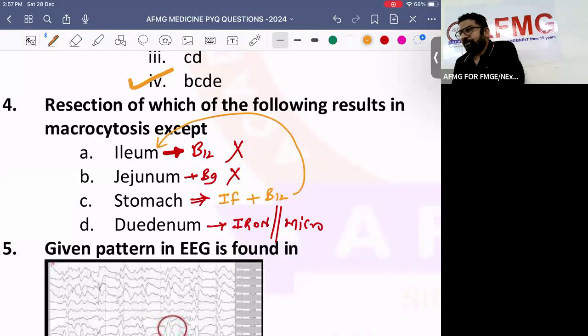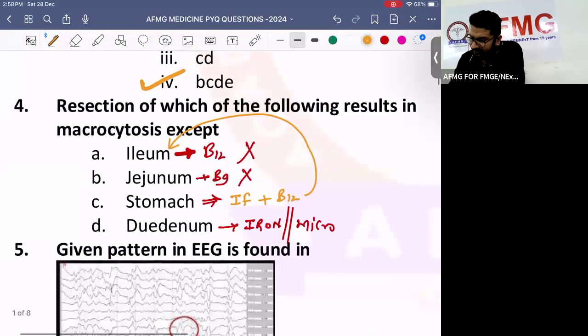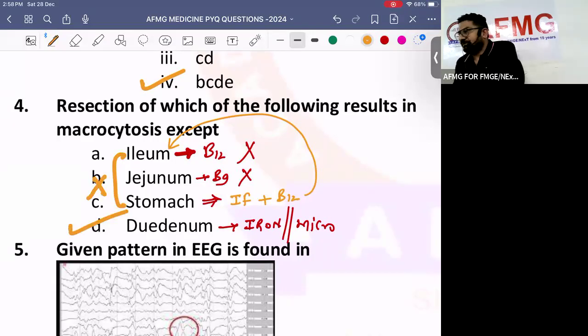So अगर stomach आपने निकाल दिया, if you have removed the stomach, no intrinsic factor, it means there will be again no one to take B12 to ileum. तो stomach, ileum, jejunum को अगर आप रिजेक्ट करोगे तो मैक्रोसाइटिक अनीमिया होगा. डुडेनम को करने से नहीं होगा. So if you reject the duodenum, it will cause iron deficiency.